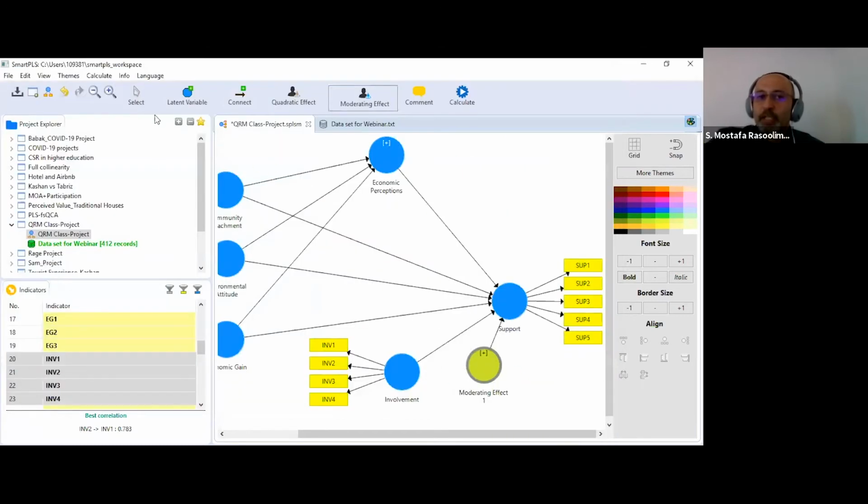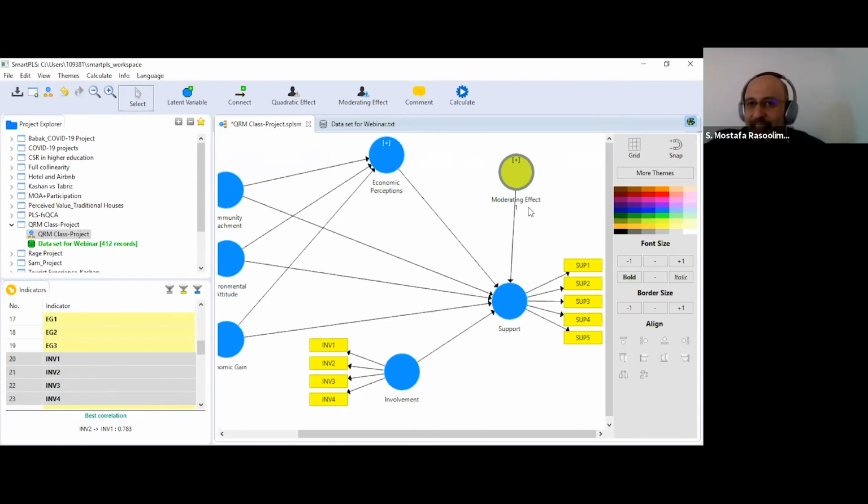When you click on OK, you can see this new variable and effect. This variable is the interaction term of economic perception and involvement.